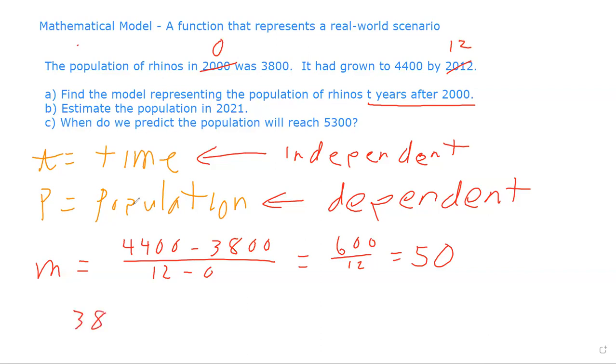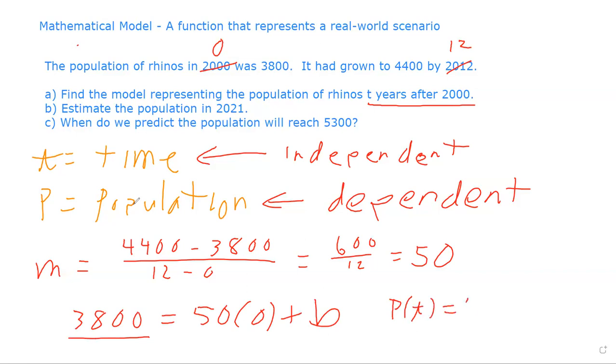So 3,800 is going to equal 50 times 0 plus our b value. So therefore our b is just going to be our 3,800. So our population, which is a function of time, is going to be 50 times t plus 3,800. So there's our answer for A.